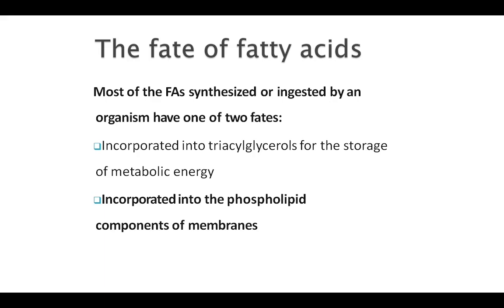And if more and more triglyceride keeps forming, that will keep storing in the liver, leading to fatty liver and all. So either it can get stored for metabolic energy or incorporated into phospholipid. So ultimately this TG can form phospholipid also, right? We saw that glycerol, fatty acid, and along with that phosphate group plus nitrogenous bases can come and combine and form phospholipid.